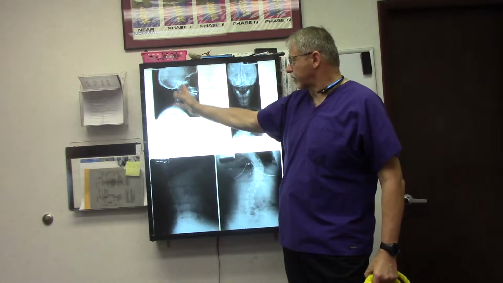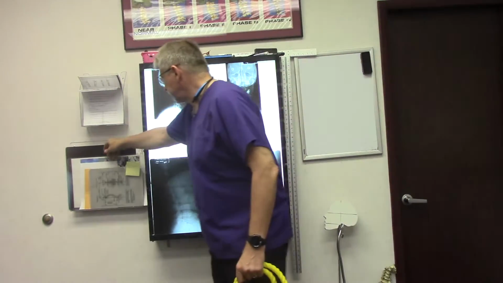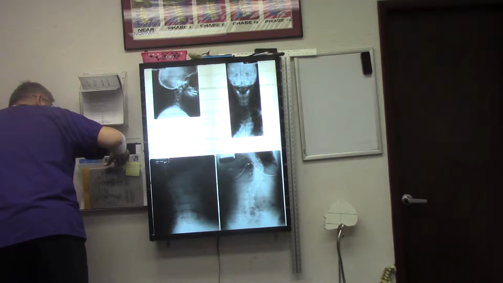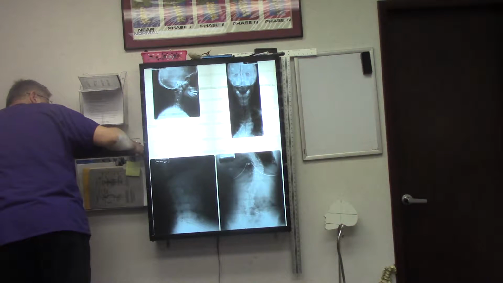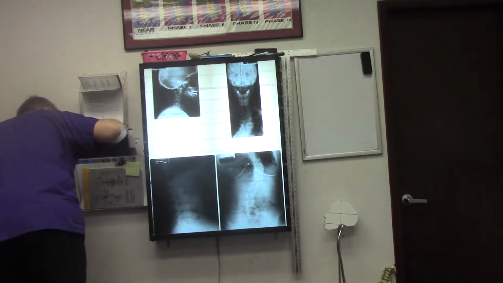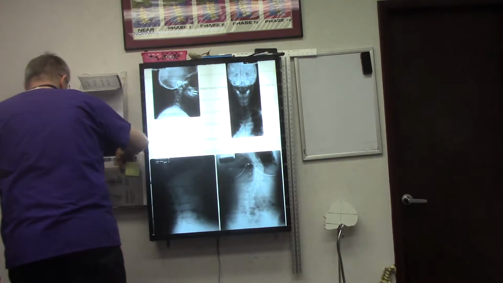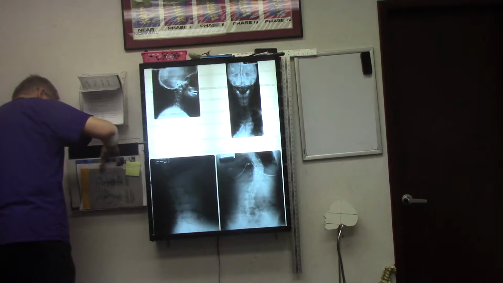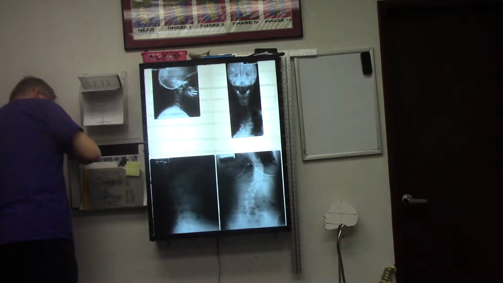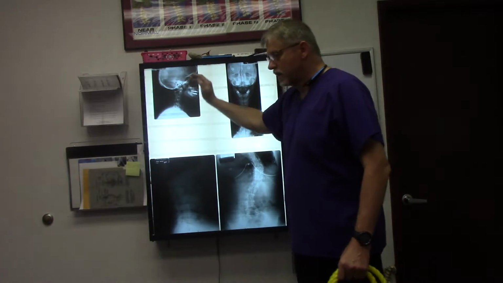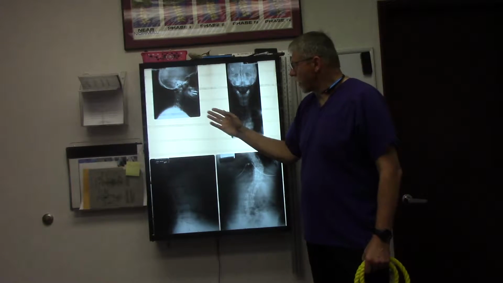Notice how this is a reversal of the curve, which we compare it to what should have a curve in this direction. And so we're looking to create that curve system so that it takes the pressure and stretch out of the spinal cord.